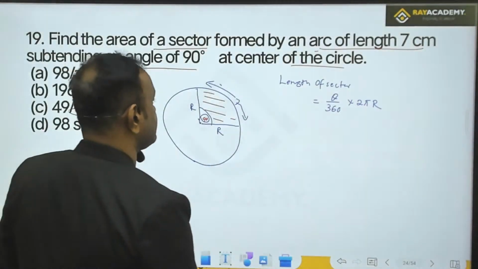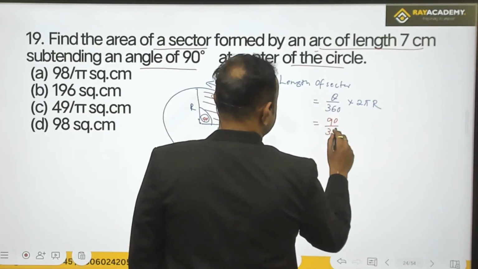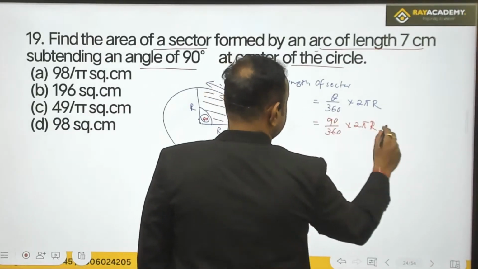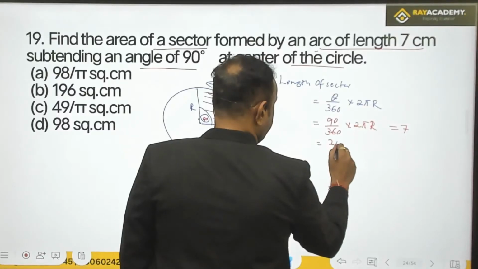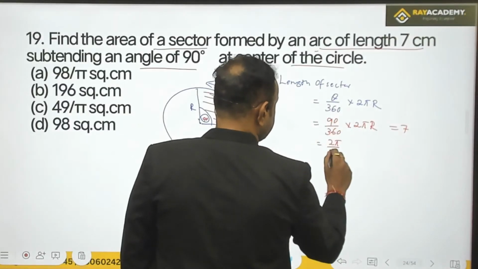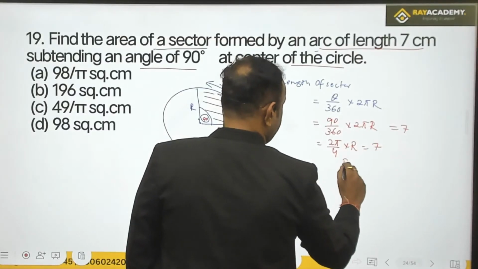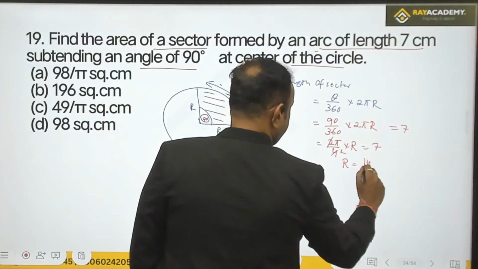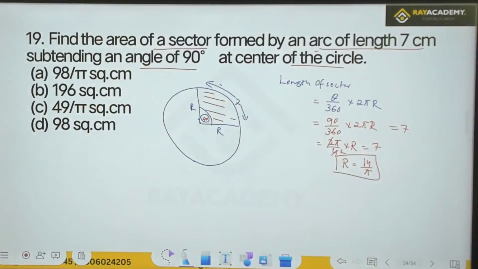So for this question theta is 90, so 90 by 360 into 2 pi r, this is given 7. So you can say this is 2 pi by 4 into r, this is 7. So r equals, this gets cancelled, 14 by pi. So you are getting radius of the circle as 14 by pi.